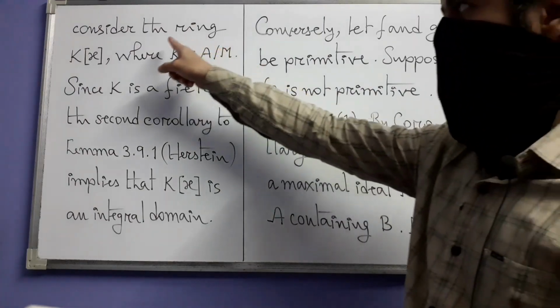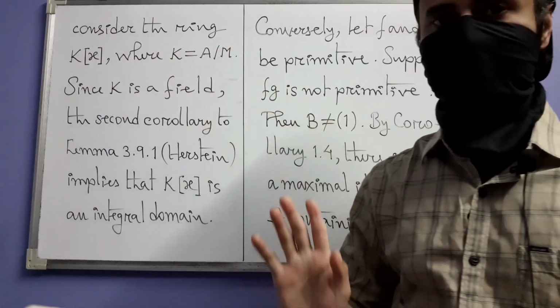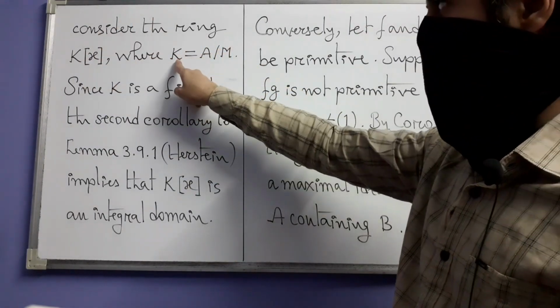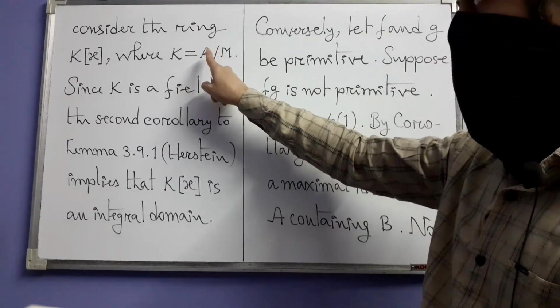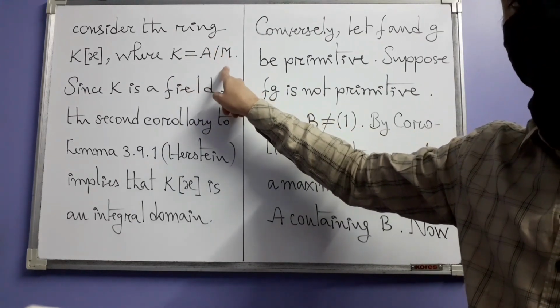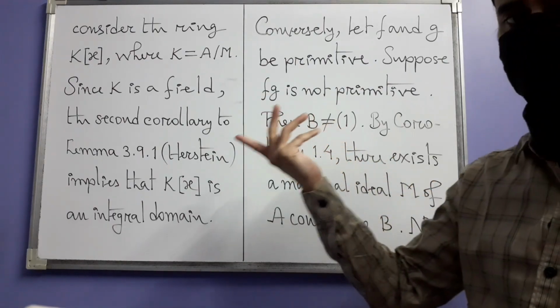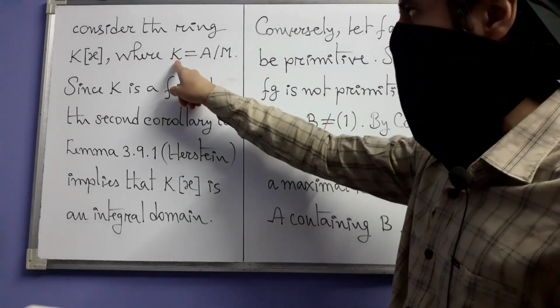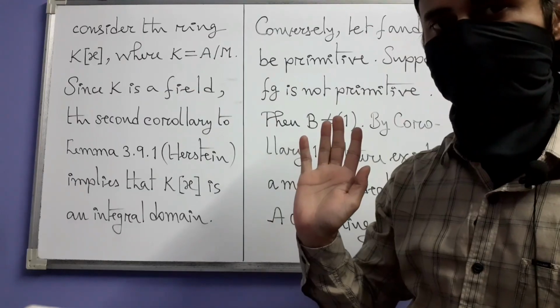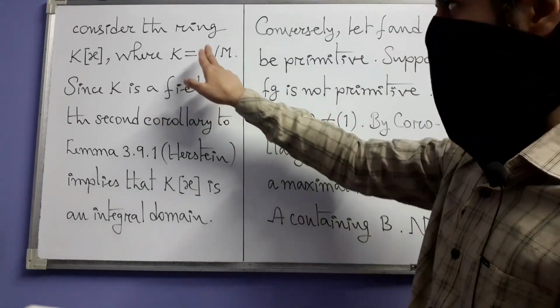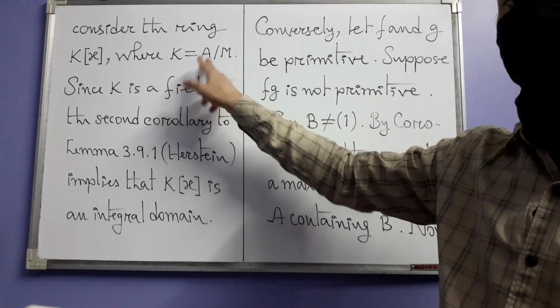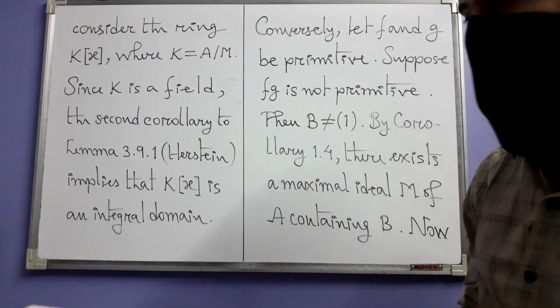Now consider the ring K[x], the polynomial ring, where K is this quotient ring of our ring A by the ideal M. Because M is maximal, you know this well-known result that K is a field. Any quotient of a ring by a maximal ideal is a field.